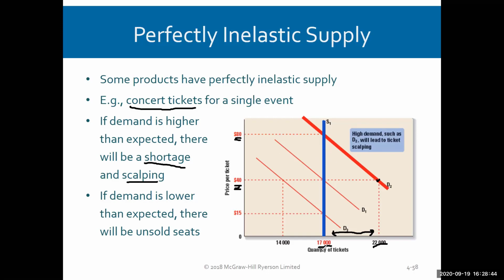So if there were 17,000 tickets available, what price could you get on the market? You go all the way up to the demand curve and come across, and the scalpers could sell them for $80. That's a pretty interesting example using three different levels of demand with an inelastic supply, and what a concert promoter could do using their understanding of elasticity and demand.